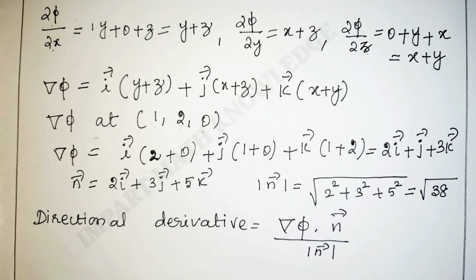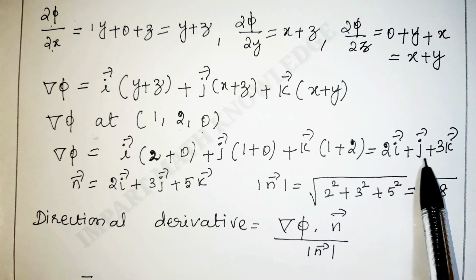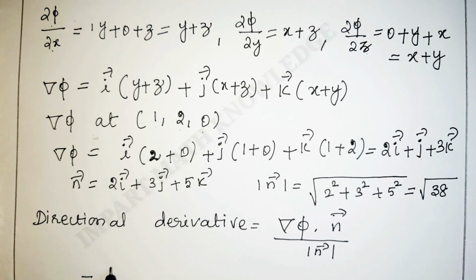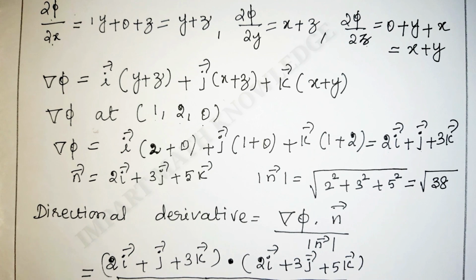Now we substitute all the values in the formula. Del phi is 2i vector plus j vector plus 3k vector, dot n vector, which is 2i vector plus 3j vector plus 5k vector, whole thing divided by modulus of n vector.